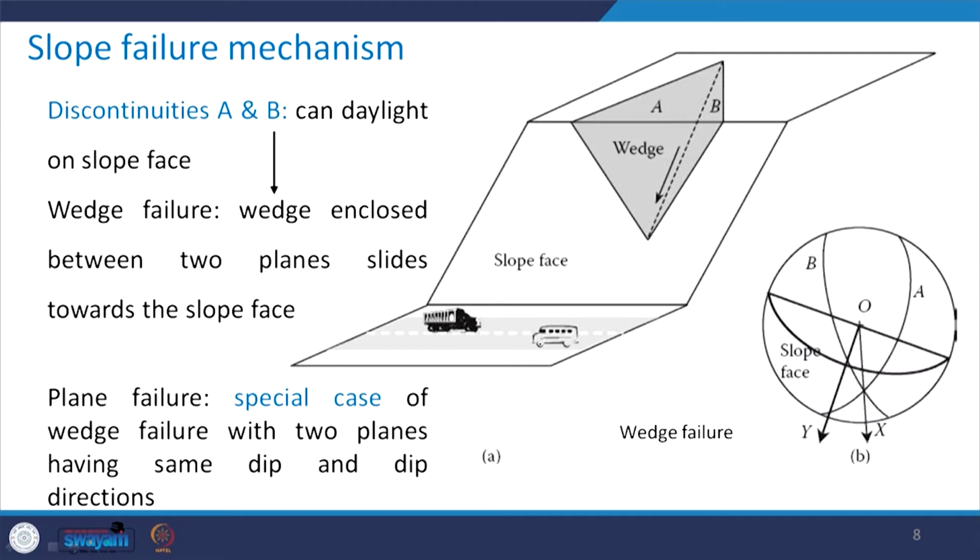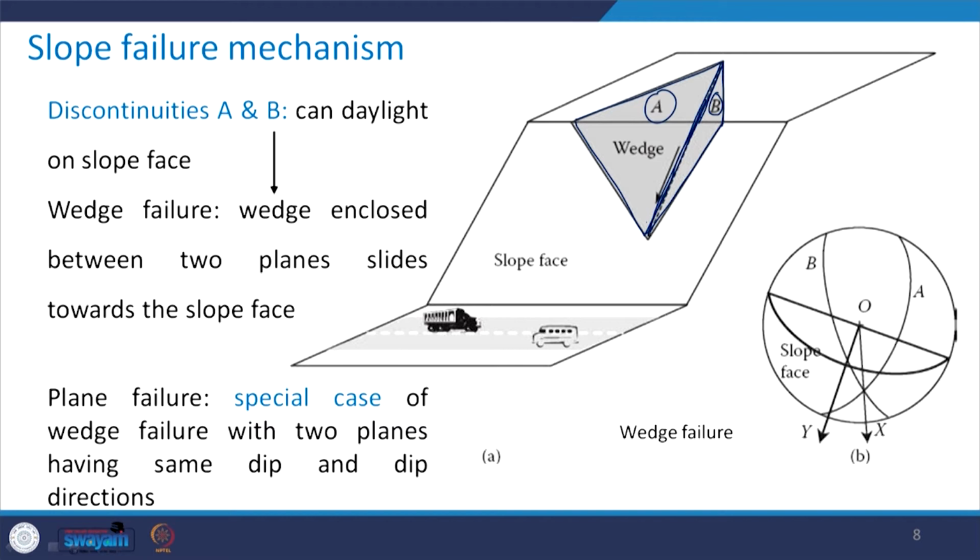The next one is the occurrence of the wedge failure. Now, think about two discontinuity planes. See here this shaded portion. This one plane, I say, is the discontinuity plane A, and this is the other one, B. Wherever they intersect each other, of course, the intersection of two planes, as we have discussed in the previous class, is going to be a line.